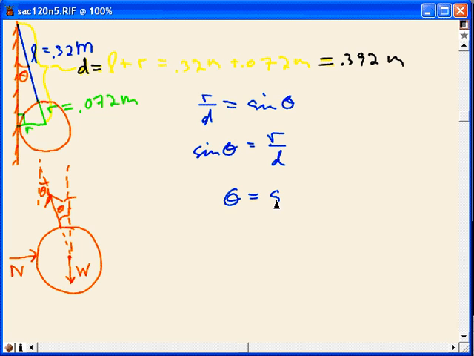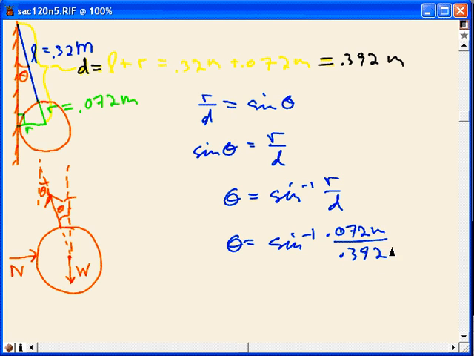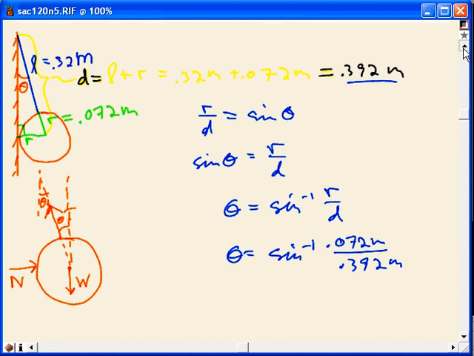So theta is the arc sine of r over d. That is, theta is the arc sine of 0.072 meters divided by 0.392 meters. This value up here is what we found for d.